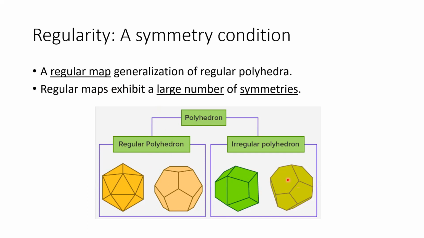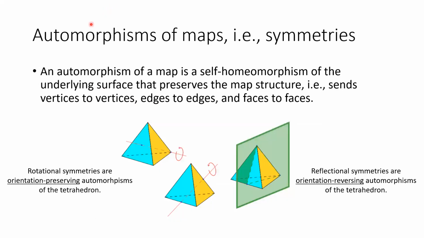So an automorphism of a map is what we mean rigorously by a symmetry of the map. An automorphism of a map is a self-homeomorphism of the underlying surface that preserves the map structure. So it sends vertices to vertices, edges to edges, and faces to faces. In the example of the tetrahedron, which is a complete map on the sphere, we have a bunch of rotational symmetries and reflectional symmetries.